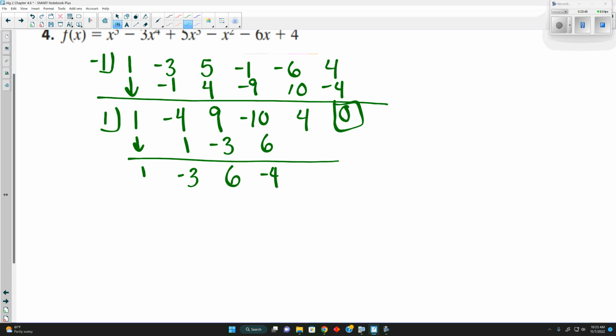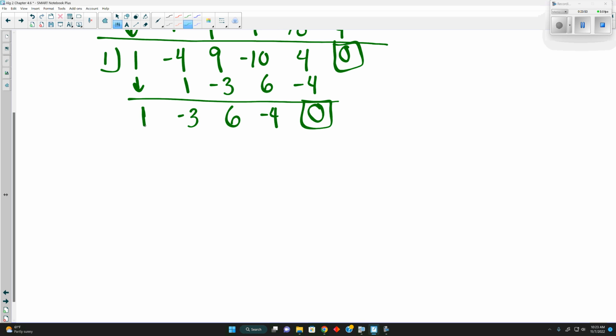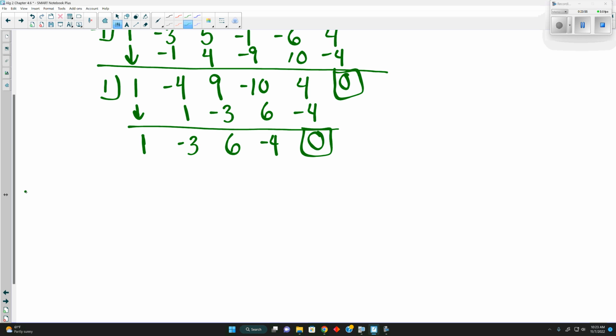And lastly, 1 times -4 is -4, which does indeed give us 0. So what's the degree of our polynomial at? 3, yes? So we need to get it one more.